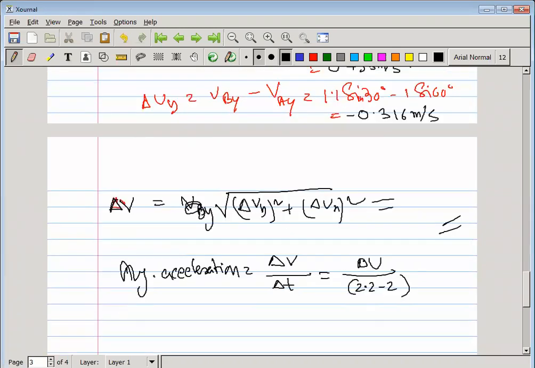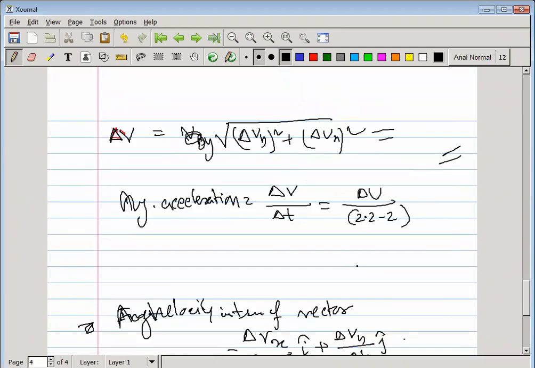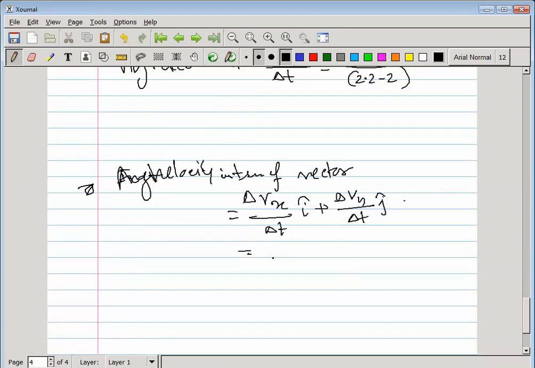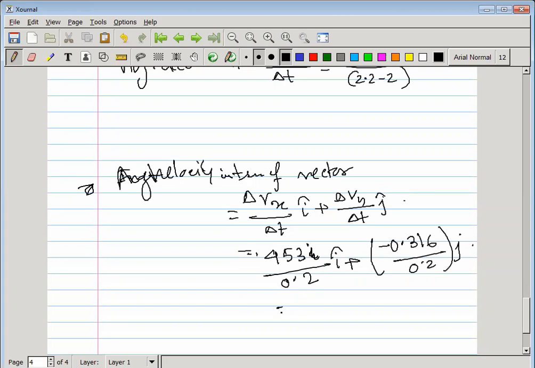You have to put these two values here: 0.453 of i by 0.2, plus minus 0.316 divided by 0.2 of j.